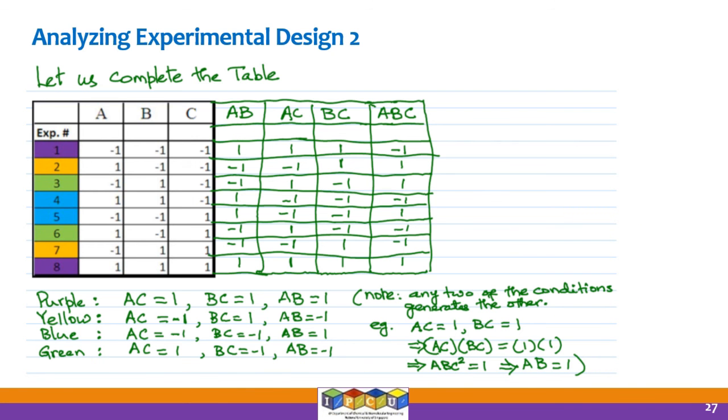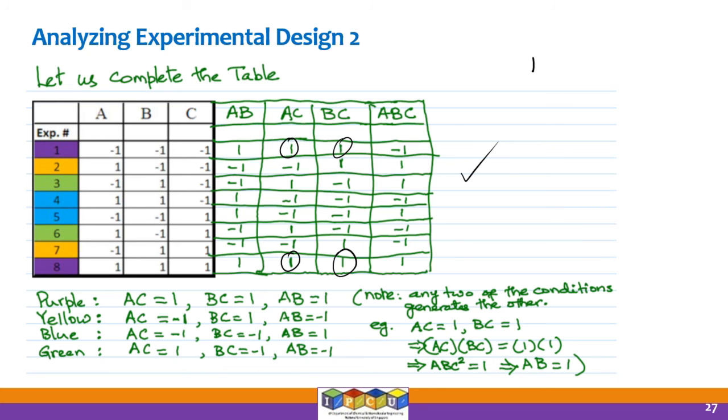If you complete the table, you will see the table to be like this. So please do this and convince yourself that this is the full table. And if you look at the rules for the different blocks, if you take the purple block, you would see that AC is equal to 1 and BC is equal to 1 gives you the purple block.